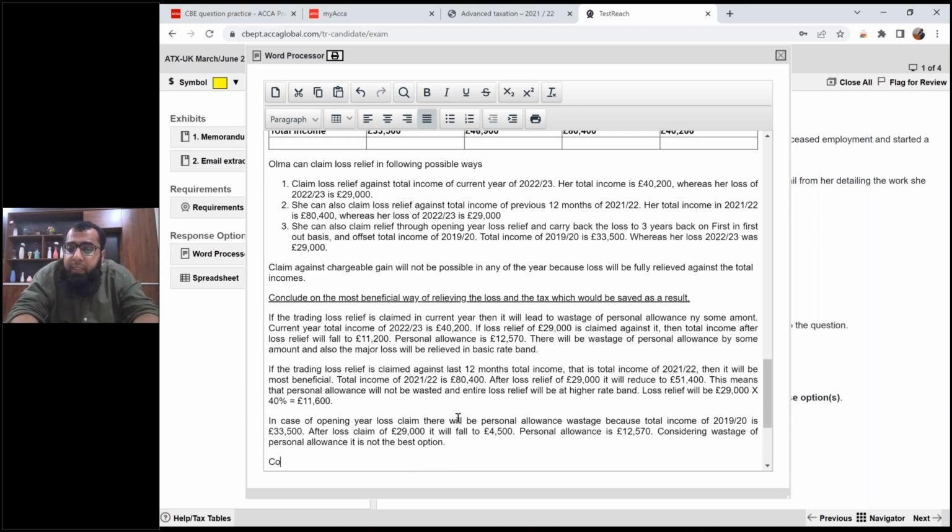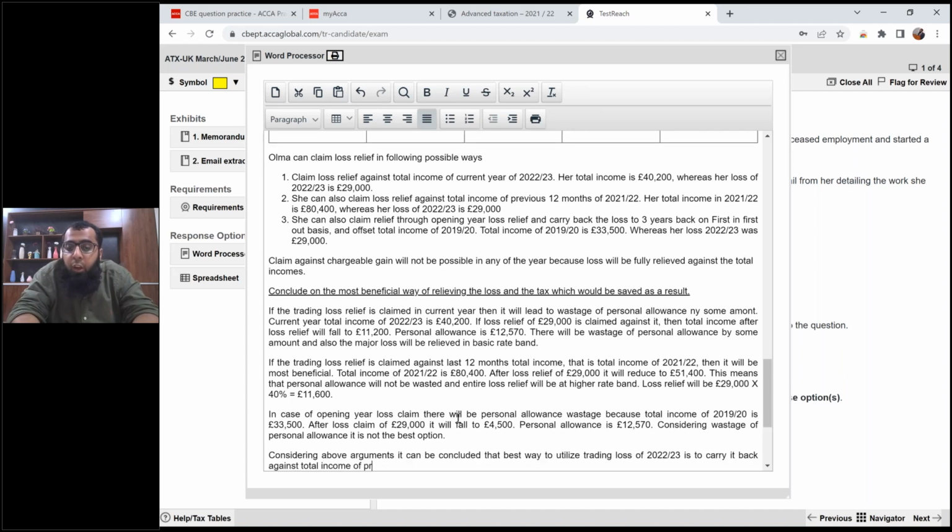Considering above arguments, it can be concluded that the best way to utilize the trading loss of 22-23 is to carry it back against total income of previous 12 months of 2021-22.